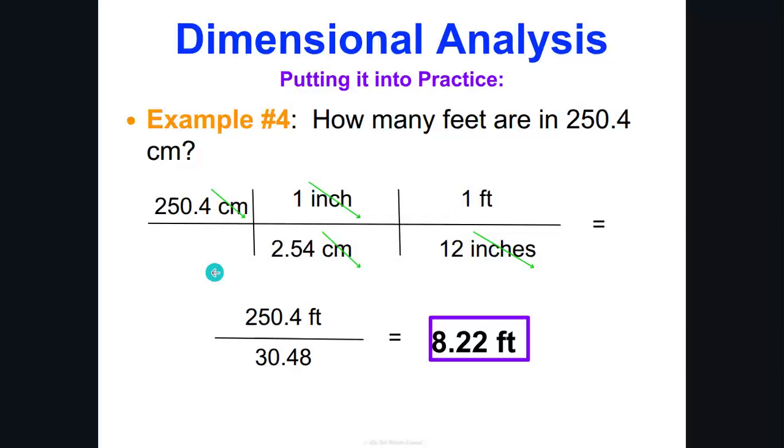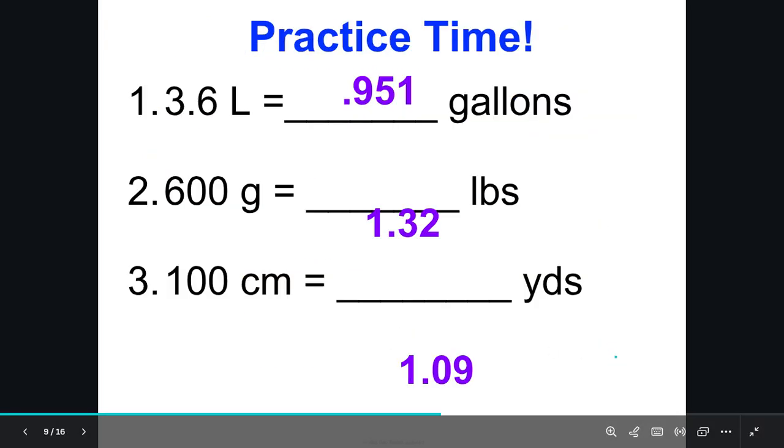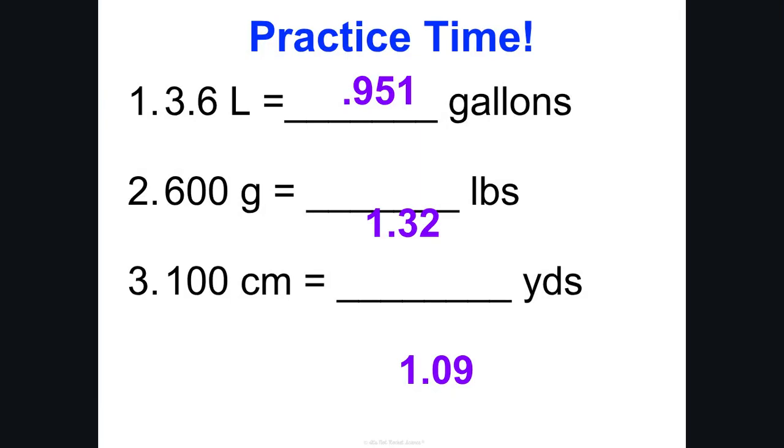Multiply everything across the bottom. 2.54 times 12 gives me 30.48. We divide, and we've got 8.22 feet. You can work those. There's the answer for the practice time.